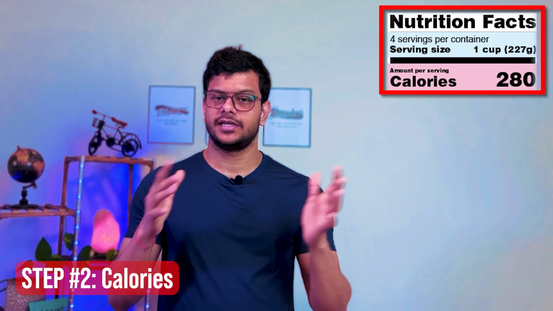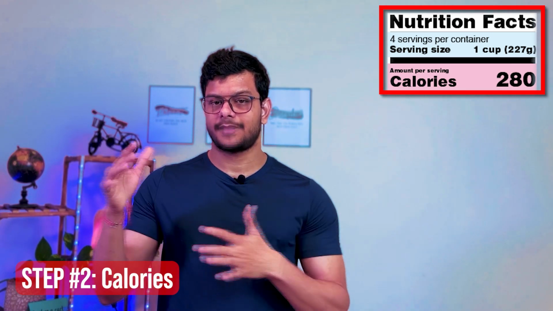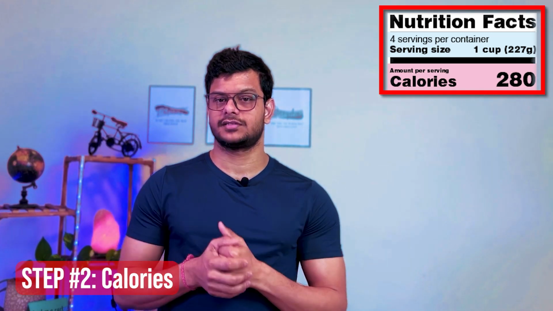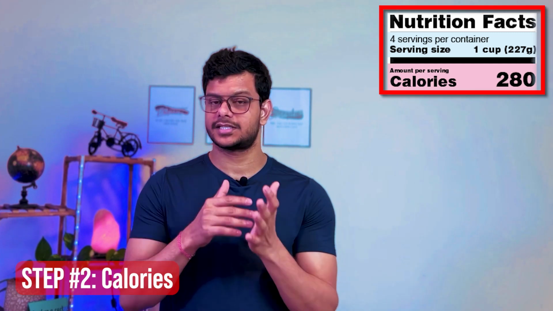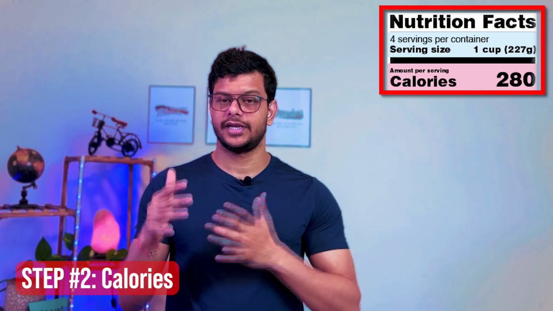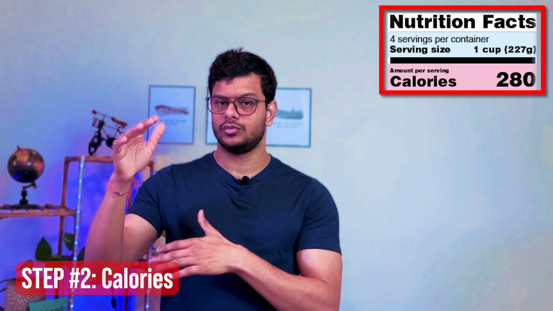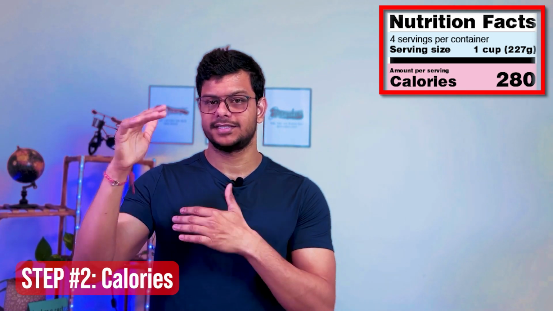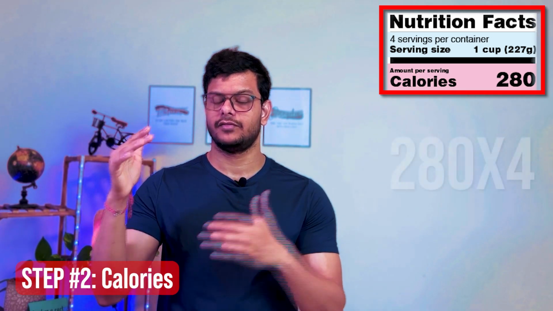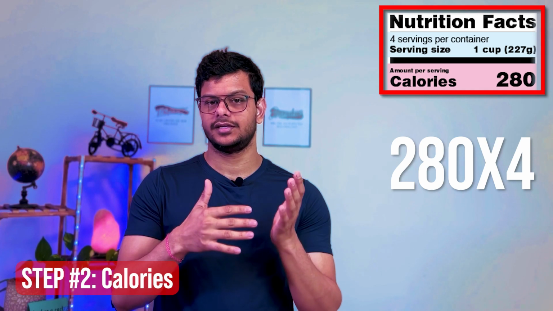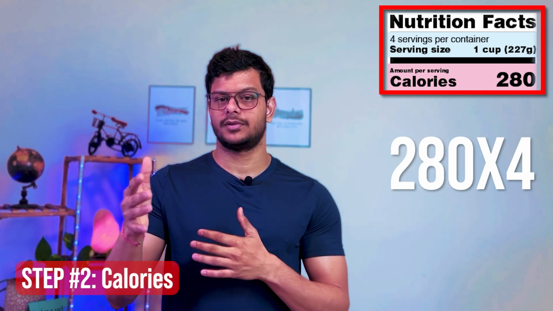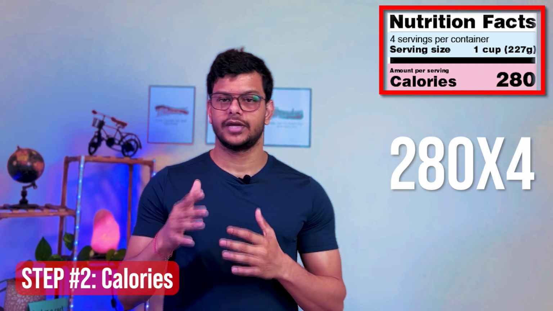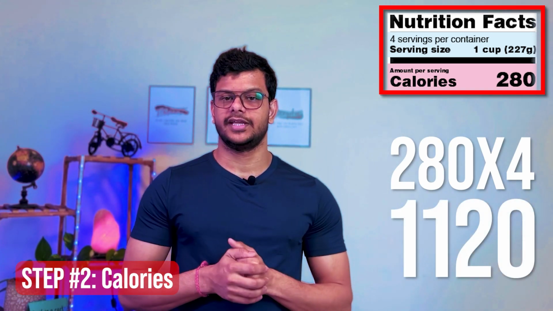as we discussed in step 1, this package consists of 4 servings, and in this section we got to know that each serving accounts for 280 calories. So when you eat the whole packed food, as it contains 4 total servings, you multiply the 280 calories per serving by the total number of servings, that is 4, and you get 1120 calories.